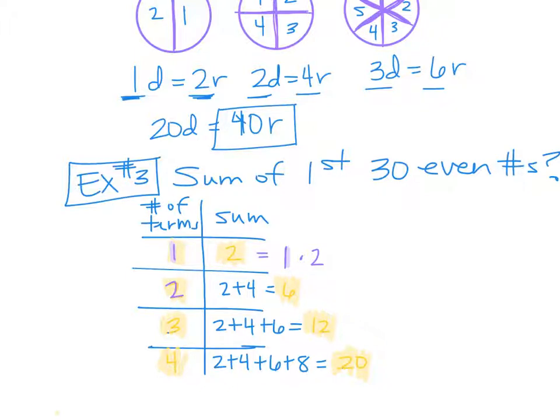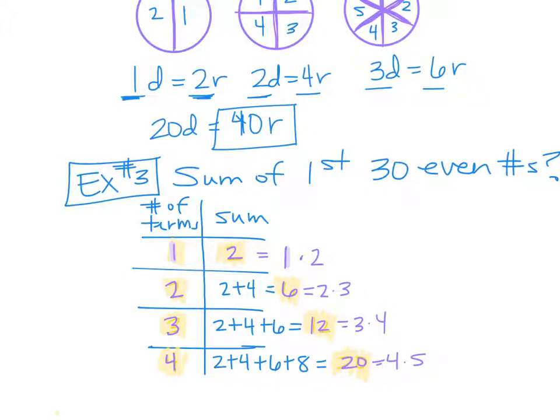If I take my 2 and multiply it by 3, 2 times 3 gets me 6. My 3, if I do 3 times 4, I get 12. And then for my 4, I do 4 times 5, and I get 20.